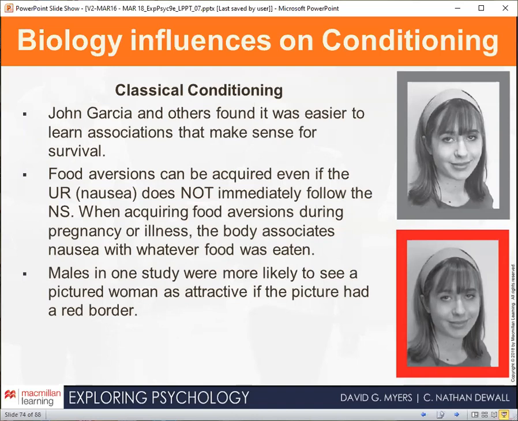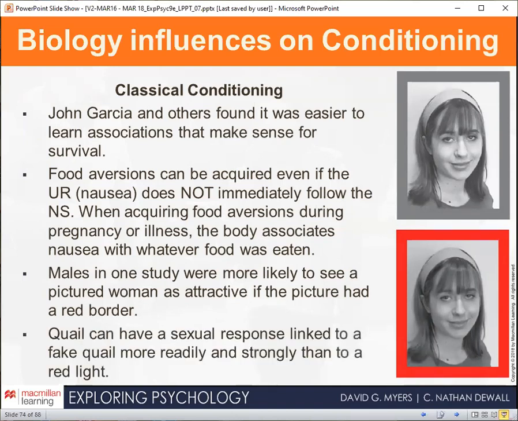They've also seen that quail can have a sexual response linked to a fake quail more readily and strongly to a red light. We don't know why some of this is happening, but we can probably see there's some sort of biological influence on these particular types of conditioning. So we have these possible conditionings because there's some benefit to us, probably from some sort of survival function.